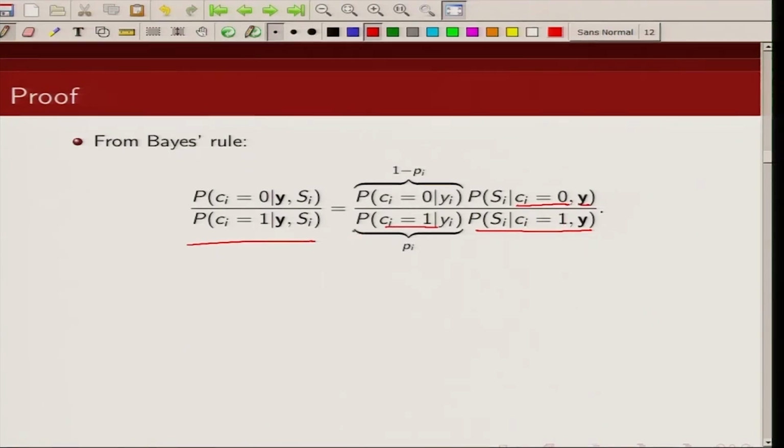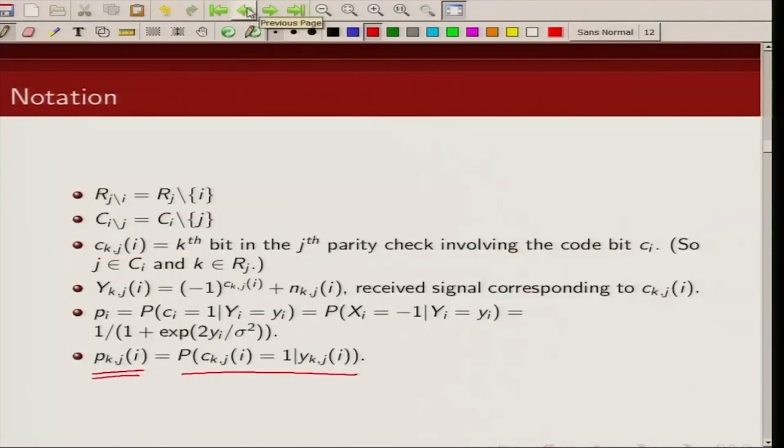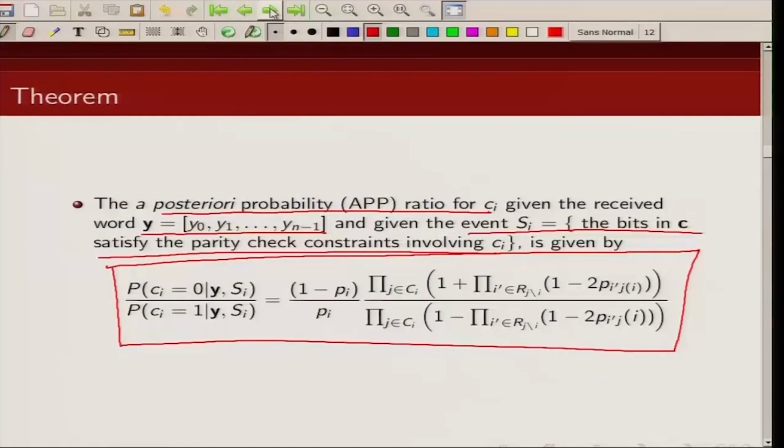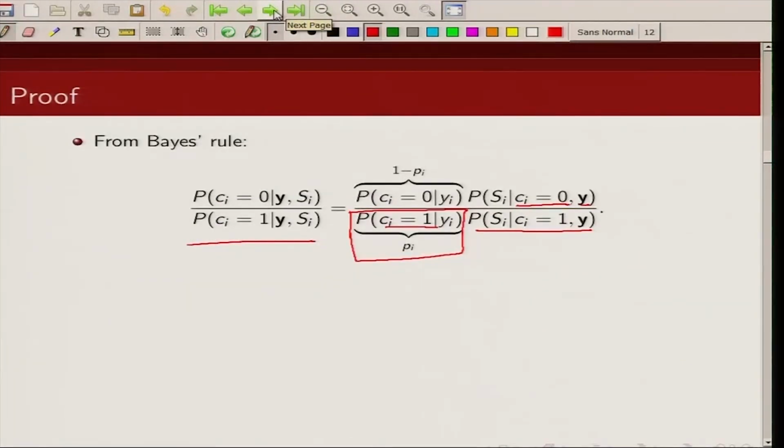So this probability is nothing but our Pi. If you go back, what was Pi? Pi is probability of Ci given Yi. So that's Pi. So then this upper term would be 1 minus Pi. Okay. Now let's pay close attention to these terms then.